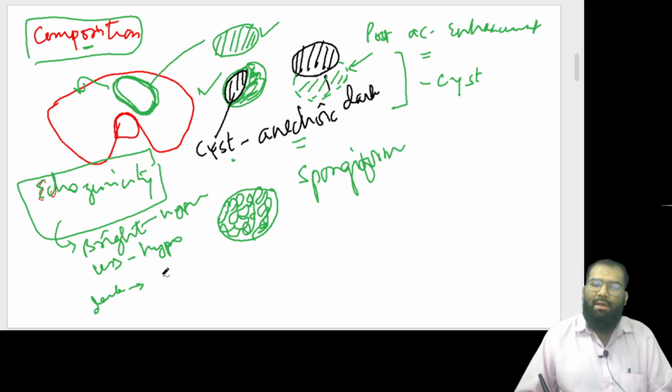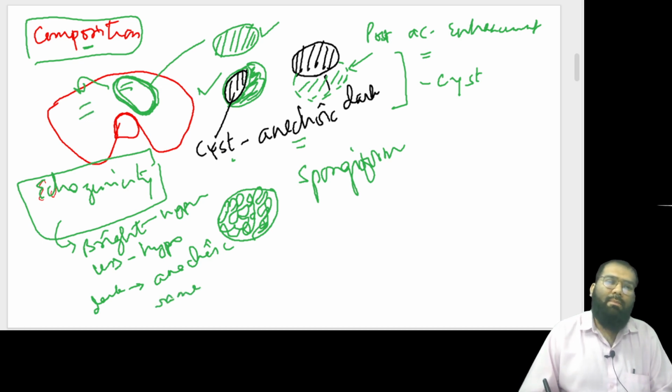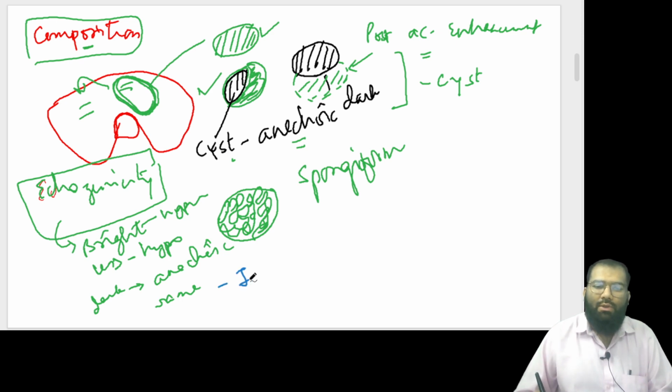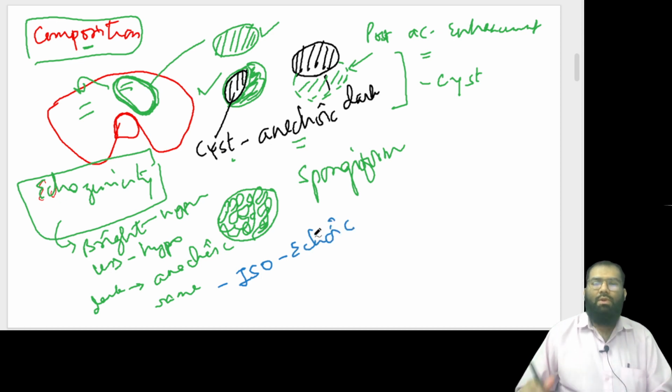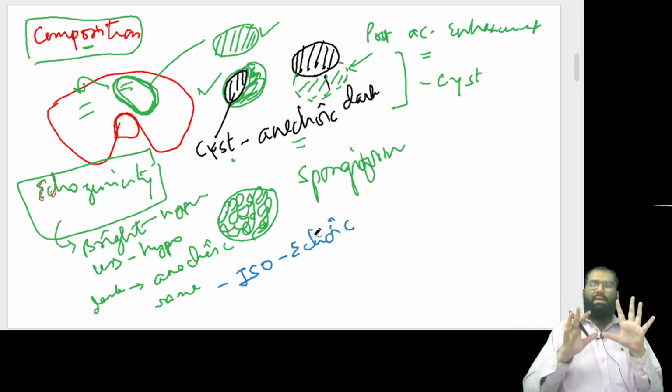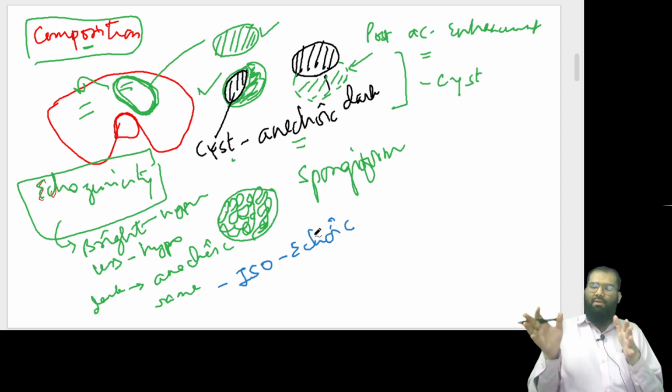If it is completely dark, it becomes anechoic. And suppose sometimes it is the same in echogenicity as the thyroid gland. Such lesions are called isoechoic lesions. So we have various criteria and these are the terminologies which we use.